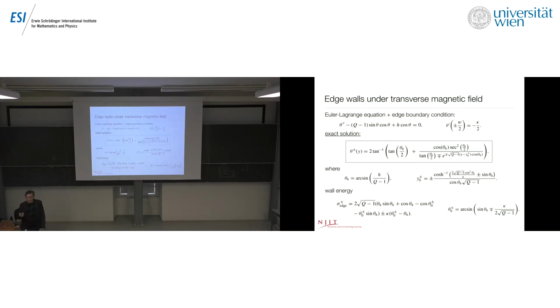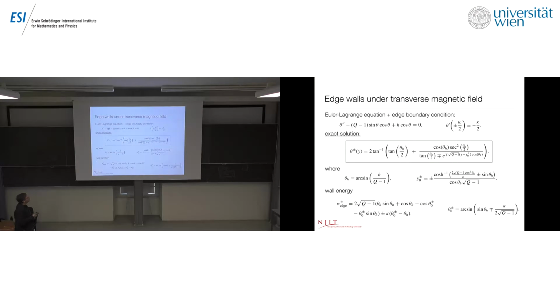Well, let's start with the edge domain walls. With the edge domain walls, we can write down explicitly the Euler-Lagrange equation, which is a bit more complicated. And the DMI contributes in terms of this boundary condition. But nevertheless, this equation can be explicitly solved. That's the solution. Just an exercise, but okay, with these kinds of constants.